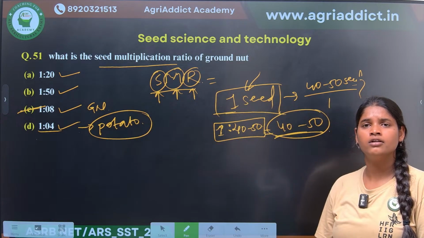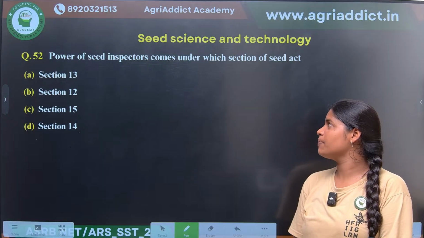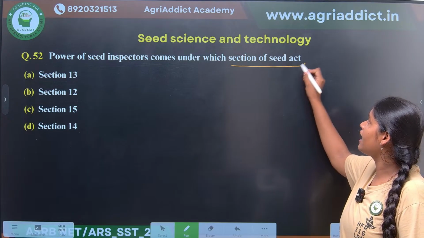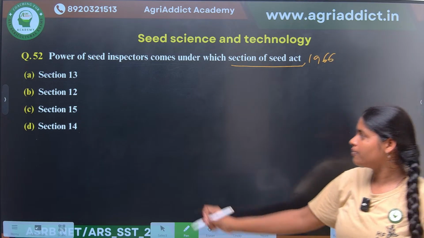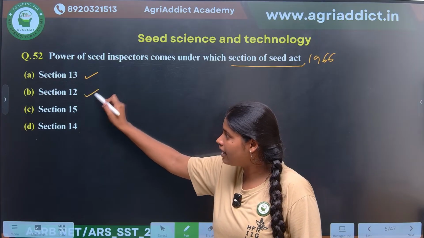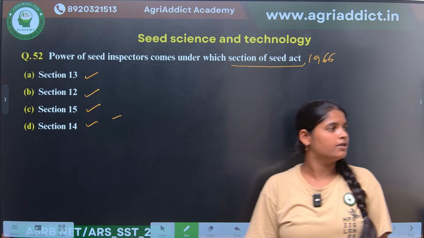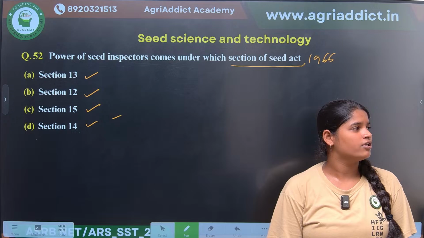Am I clear? The next question is, power of seed inspectors comes under which section of the Seed Act? The Seed Act means, as you all know, 1966. The options are section 13, 12, 15, and 14. Answer it. Pratibha, Sharin, Disha, Akash.